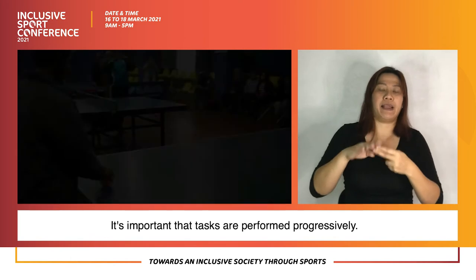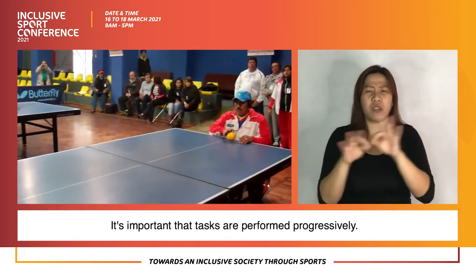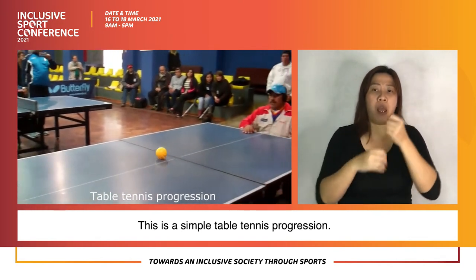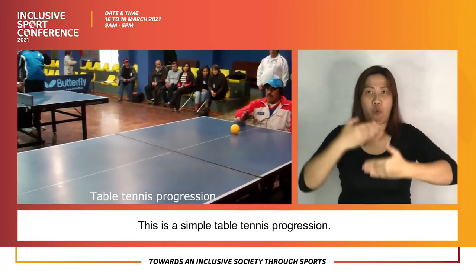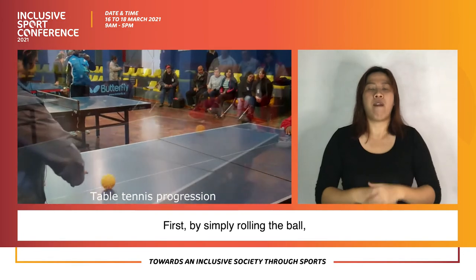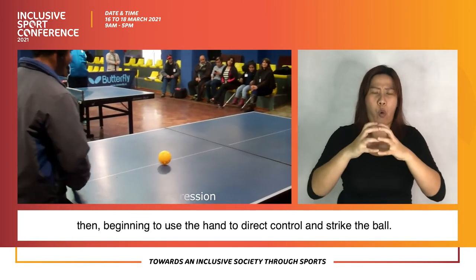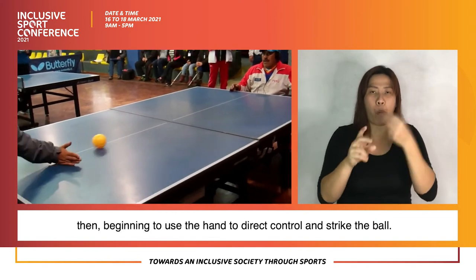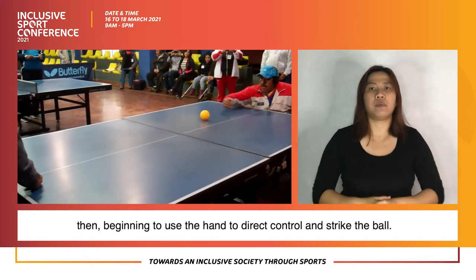It's important that tasks are performed progressively. This is a simple table tennis progression. First by simply rolling the ball, then beginning to use the hand to direct, control and strike the ball.